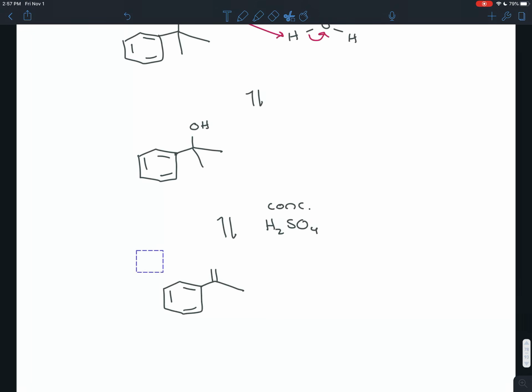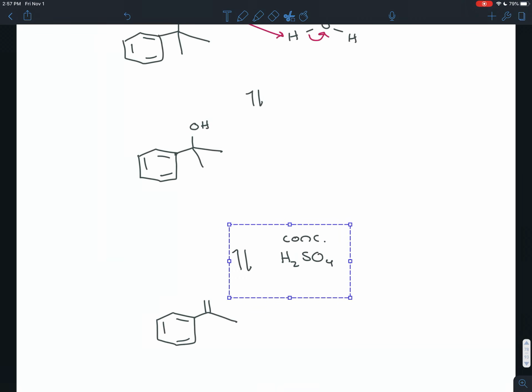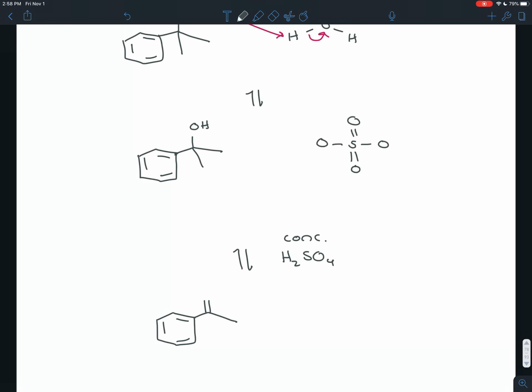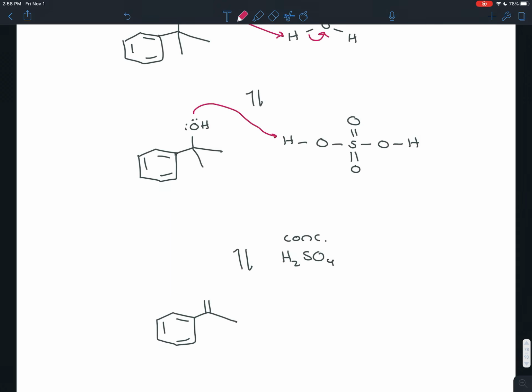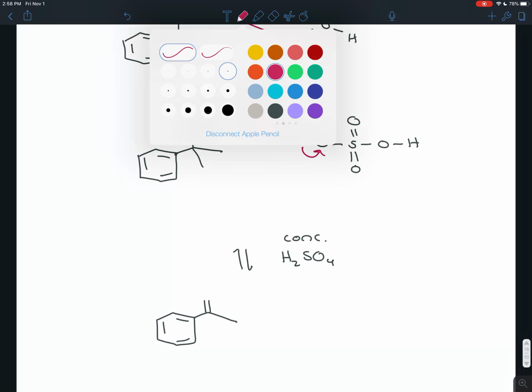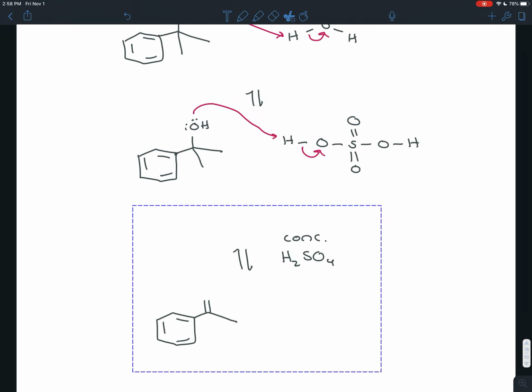So if you wanted to see how that would work, sulfuric acid has this sulfur version of carbon dioxide, up and down with oxygens and double bonds, and left and right oxygens with single bonds with two hydrogens on the end. The oxygen here can use one of its lone pairs and slight negative charge to steal the hydrogens, which go onto there. That turns that into a good leaving group.